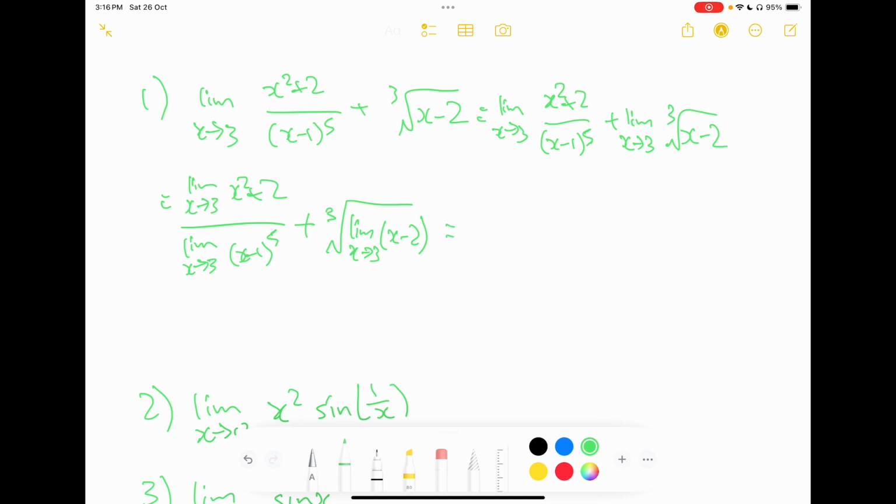And then we can see that the top is also a sum, so we can use the sum rule, the addition rule as well. And then at the bottom, it's a power, so we can bring it inside using the power rule.